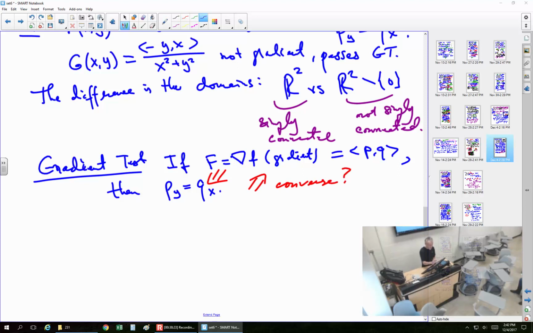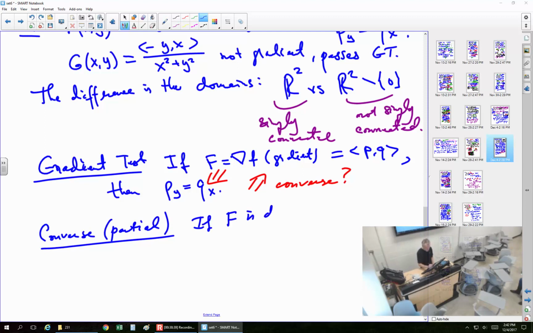And I just stated here the converse. It is a partial converse of the gradient test: we still have to assume that f is differentiable, and secondly, the gradient test condition is satisfied, so py equals qx. Then f is gradient.